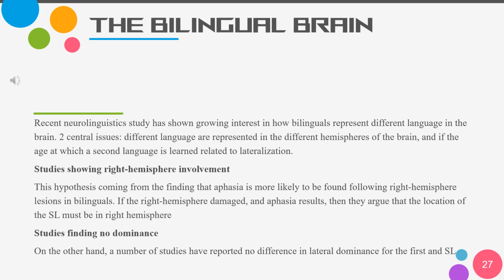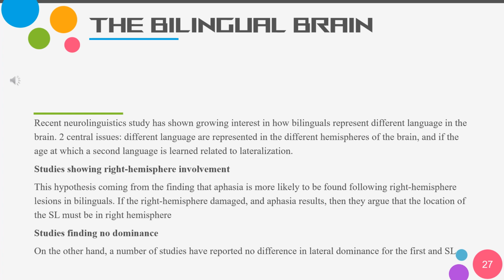On the other hand, a number of studies have reported no difference in lateral dominance for the first and the second language. They reported no evidence of the right hemisphere being involved more in the initial stages of informal adult second language acquisition.